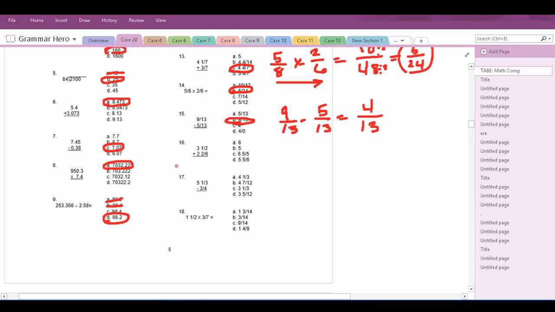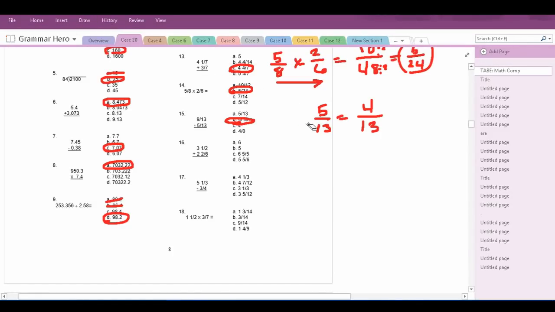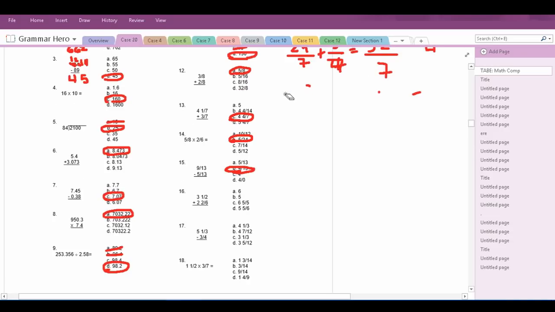Let's see if I have enough room to do these. I'm going to erase some of these so we can have some more space. Because as you can see, we're going to be working with some mixed numbers, and those require a few more steps to complete.